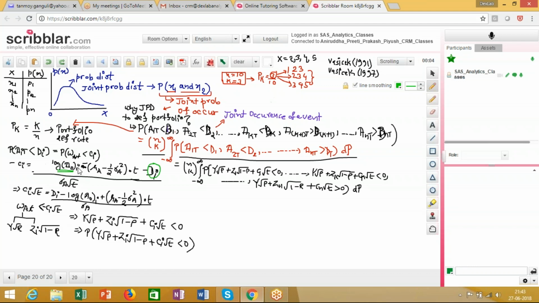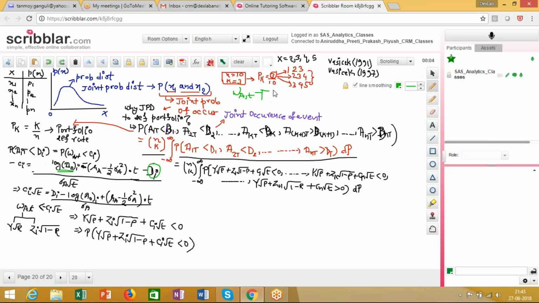Now from there, the next question that came to us was what exactly is this Wiener variable over here? So we started splitting up this Wiener process variable. We said that there are two components.